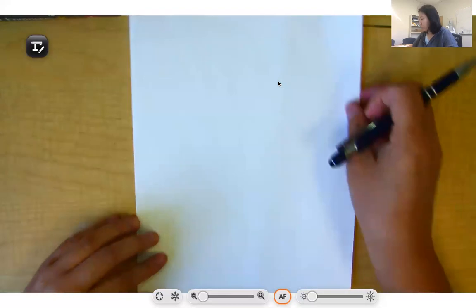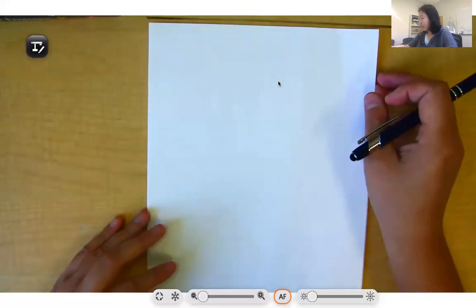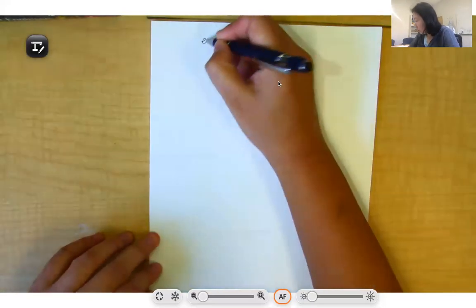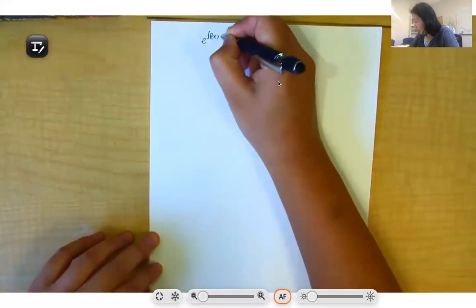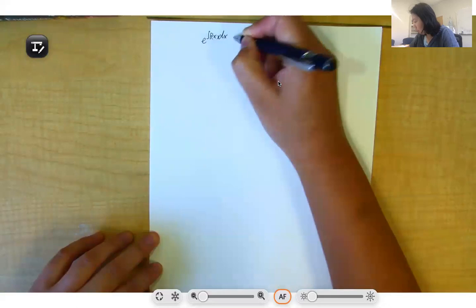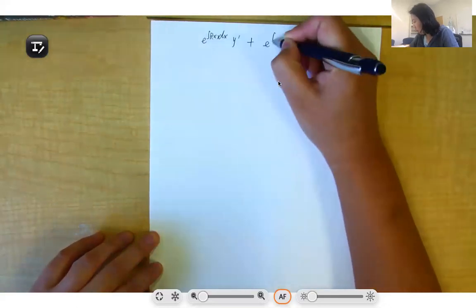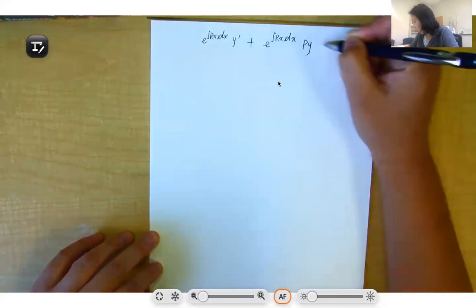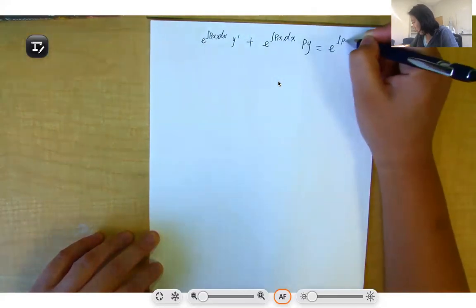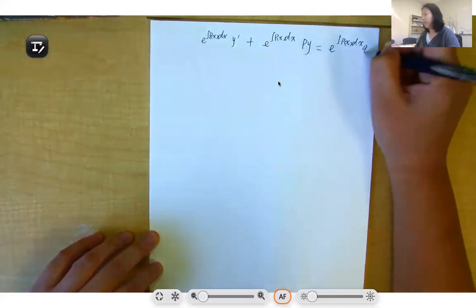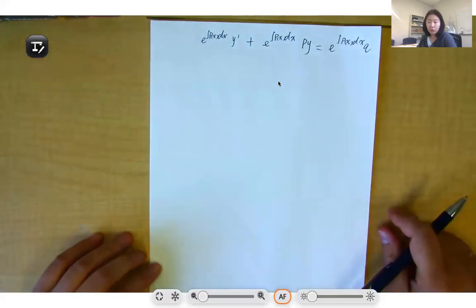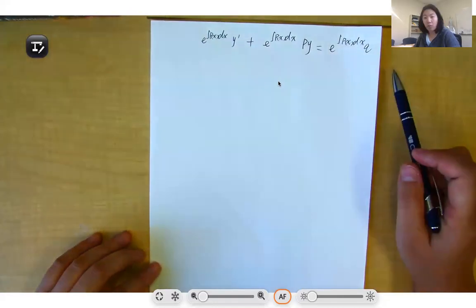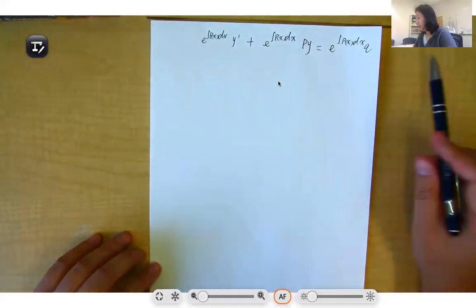Okay. So we can rewrite these equations with the integrating factor g(x), which is e to the integral of p(x) dx: e to the integral of p dx times y prime plus e to the integral of p dx times py equals e to the integral of p dx times q. Okay, so after the integrating factor g(x), you can rewrite this first order linear ODE.